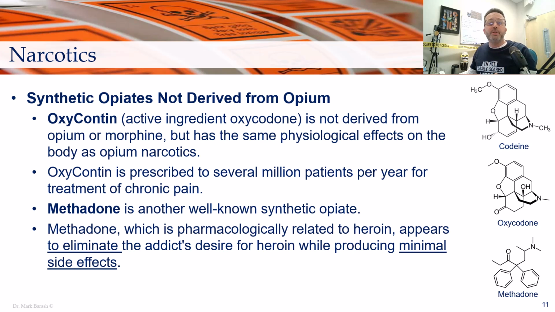By the way, heroin that is sold out on the streets is very far from its pure diacetyl morphine formulation, and it's usually cut or diluted with various impurities such as sugar, caffeine, barbiturates, and so on.